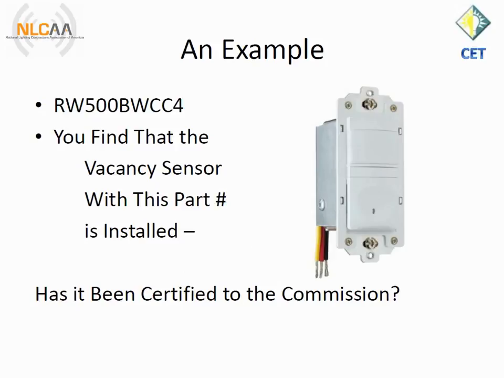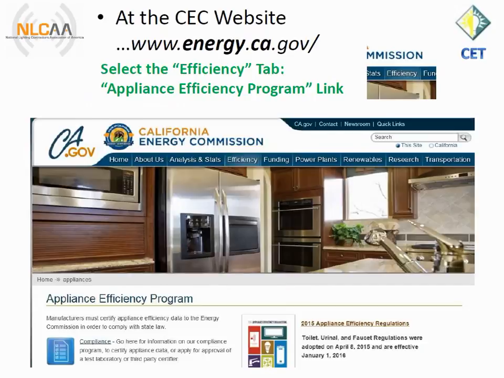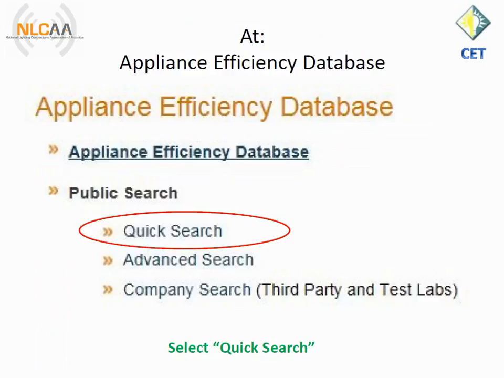This is a vacancy sensor, and if it appears on the CEC's database, then you can assume that the manufacturer has certified it as meeting Title 20. So we start at the Efficiency tab, and then we click Appliance Efficiency Program link.